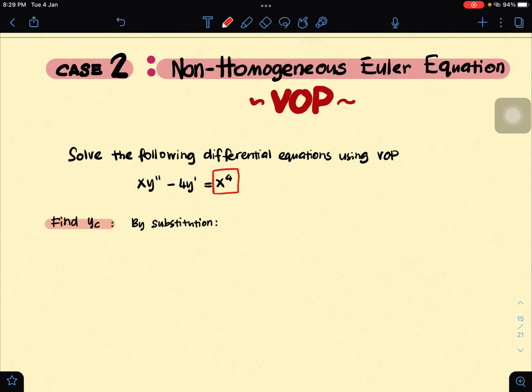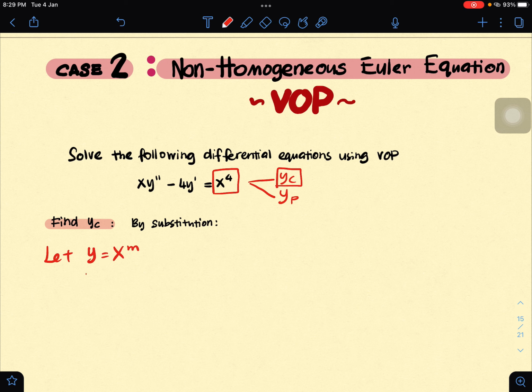So, when you have a non-homogeneous differential equation, what you need to do is find YC and YP. YC will be found by using the previous method that we learned before, which is by letting y equal to x to the power of m.